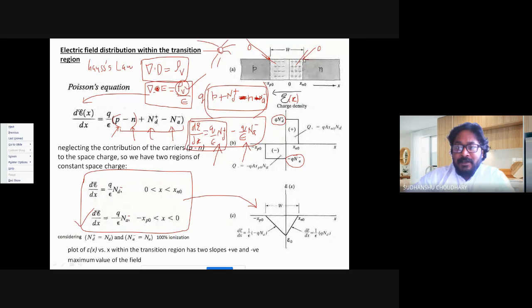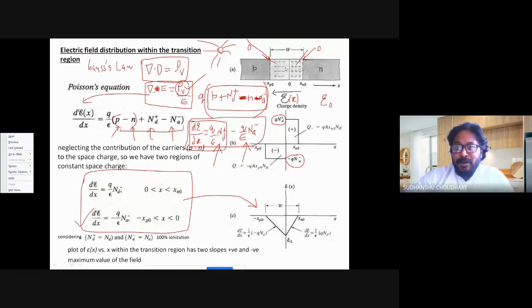So initially its value is 0 and finally its value is also 0. That means within this region itself, the electric field will attain some maximum value. Let us say E naught is the maximum electric field value attained in this region.